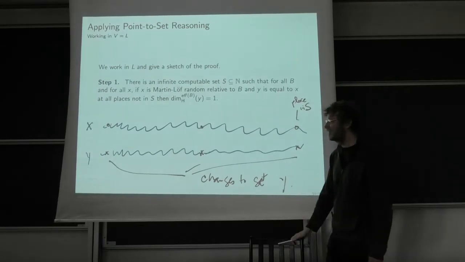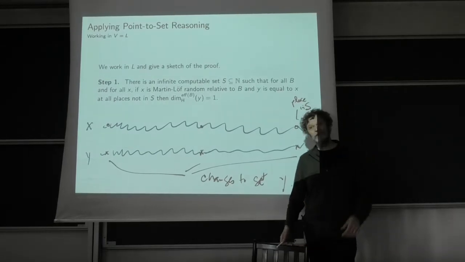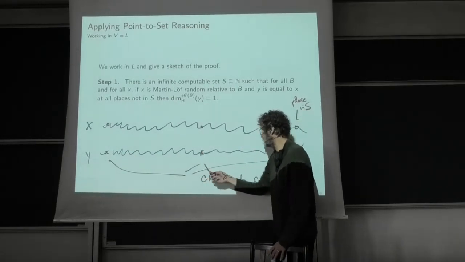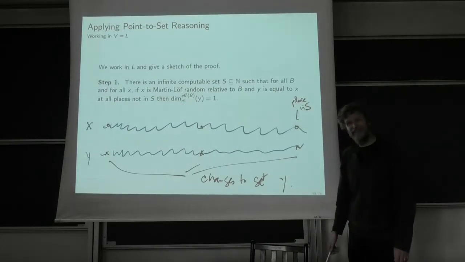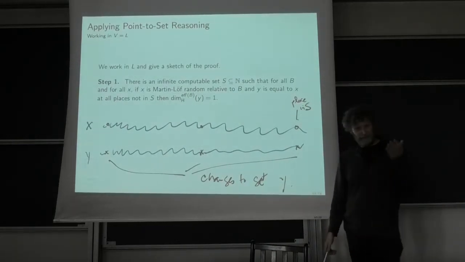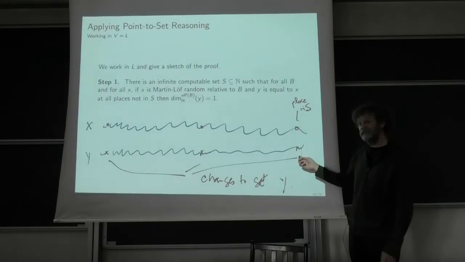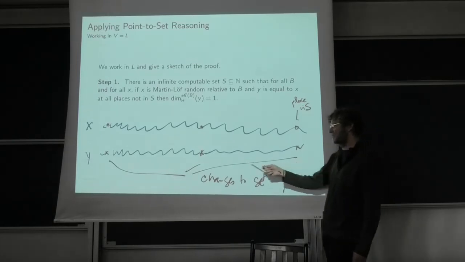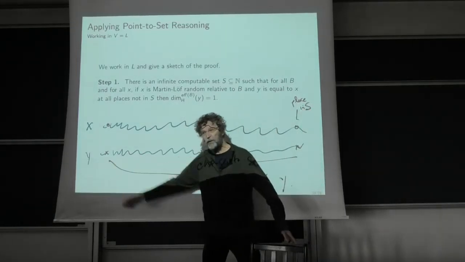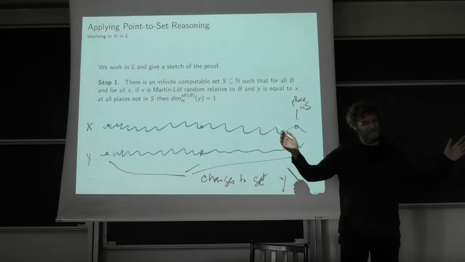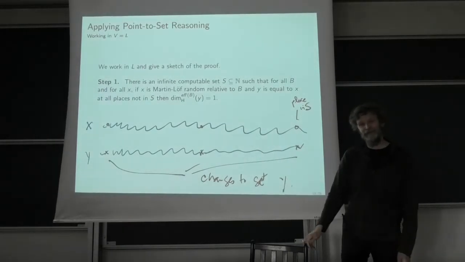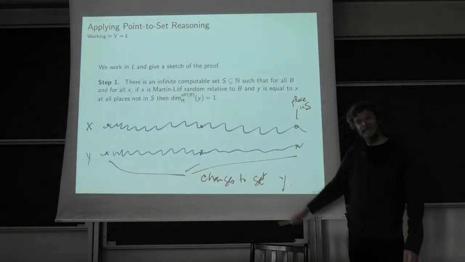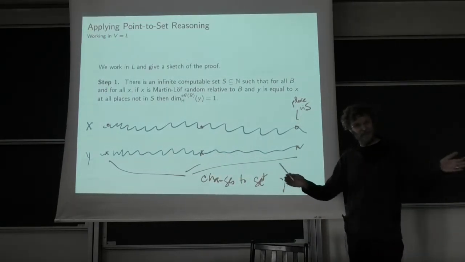Now suppose I take that completely incompressible thing and change it here and here and here. How compressible is the obtained sequence? Well, it might be very easy to describe what's happening at these red points. You might be able to compress that away. Maybe it's 0 at all those points. But you can't compress any of the blue stuff. The blue stuff is random.